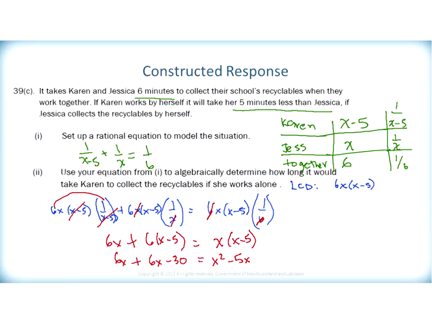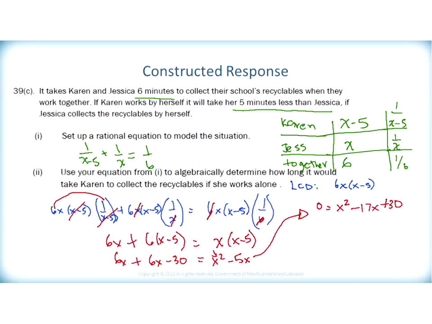So you see we have a quadratic. That means we're going to have 2 possible values for x. Let's rearrange and solve for x. So that would give us 0 equals x squared subtract 17x plus 30.